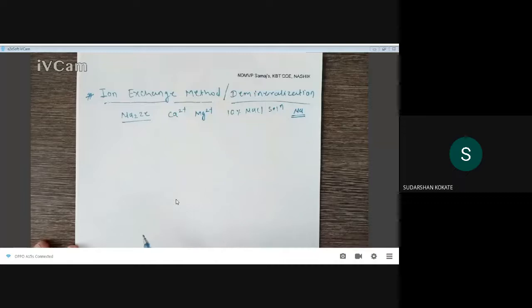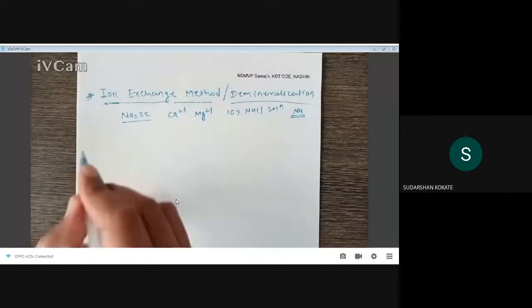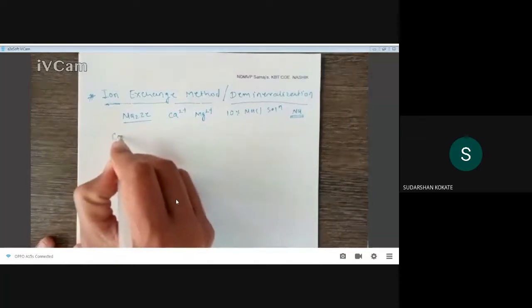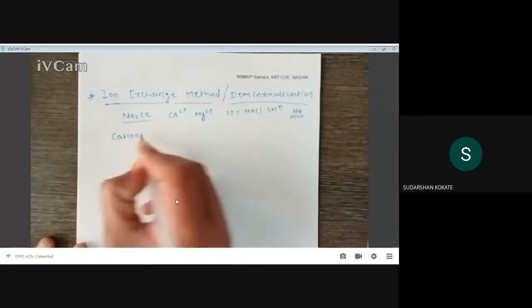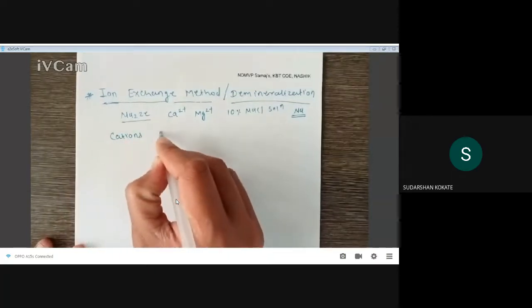So that sodium type of impurity cannot be removed with the help of zeolite method, and that can be removed with the help of what? Ion exchange method. You remember this one, right? So in the ion exchange method or demineralization procedure, your hard water contains what? Both types of ion, that is cations as well as anions, right?